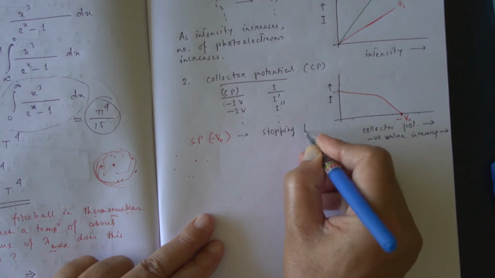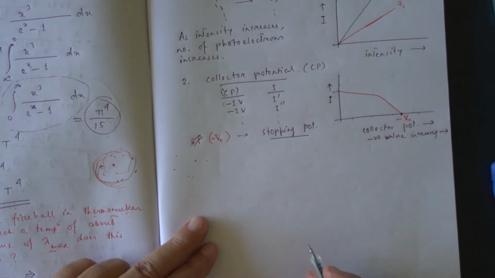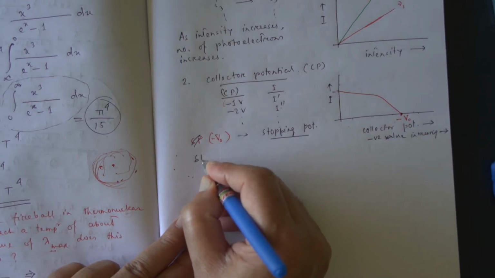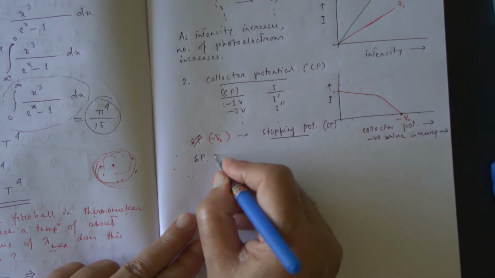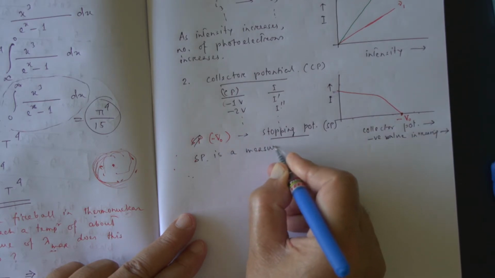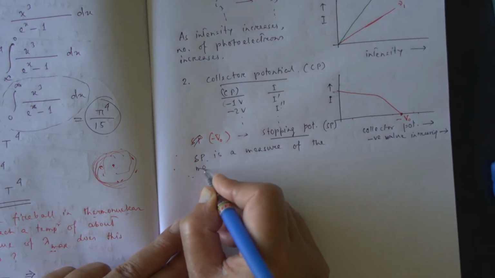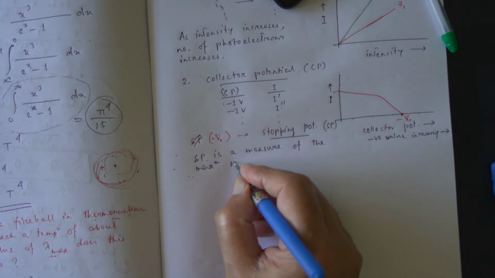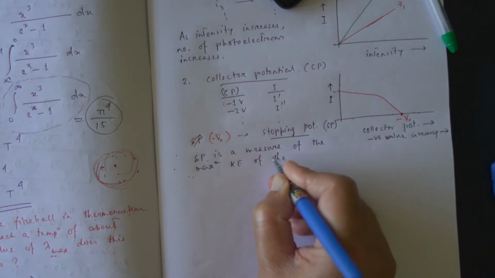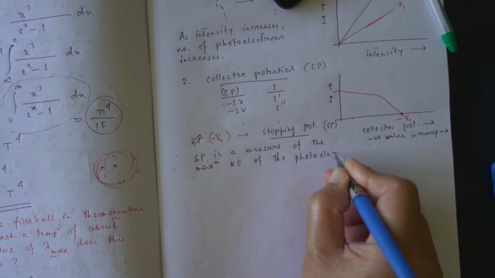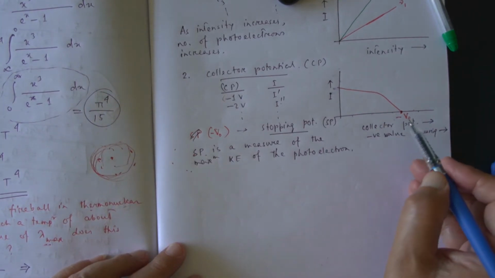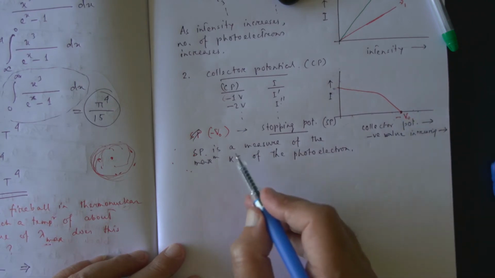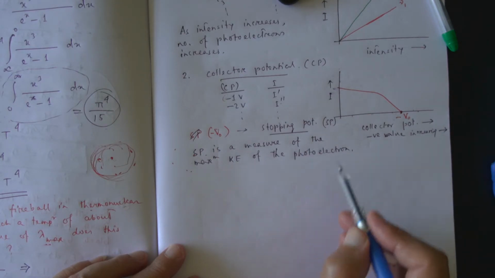So this stopping potential is a measure of the maximum kinetic energy of the photoelectron. Because at the last, which electron will stop? The electron whose kinetic energy is maximum. So stopping potential is a measure of the maximum kinetic energy of the photoelectron.